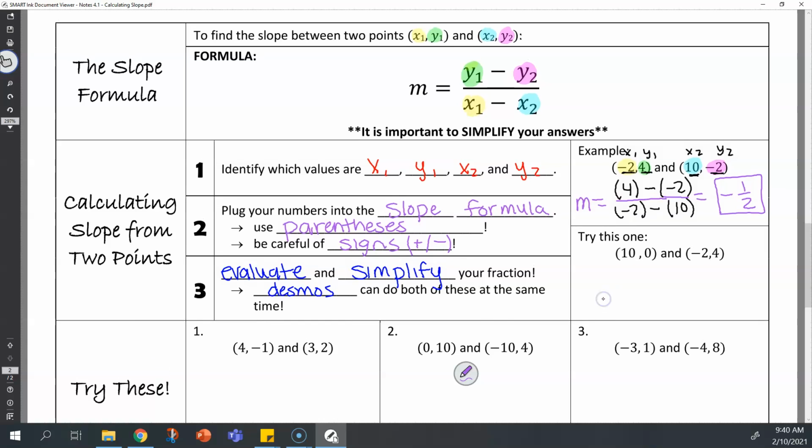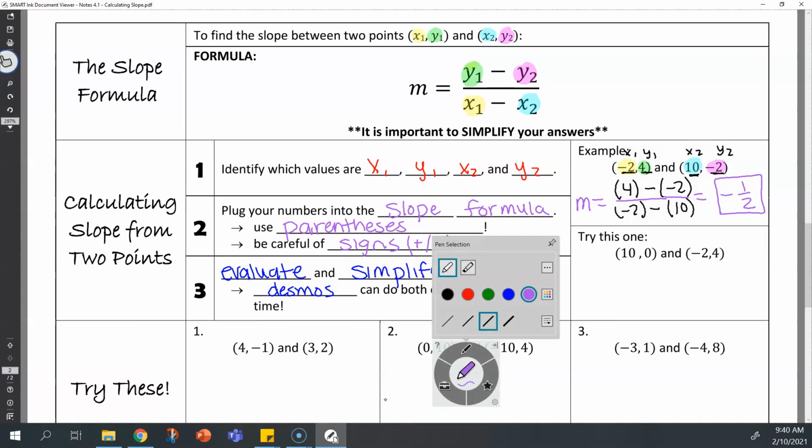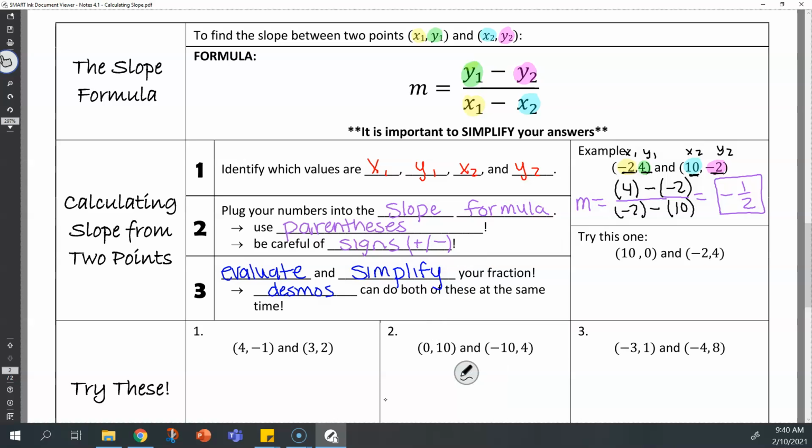Try the second one with me. Again, I'm going to start with labeling my points. So 10 is going to be x1. It's the x from my first point. 0 is going to be y1, the y from my first point. Negative 2 is x2, the x from my second point. And 4 is y2, the y from my second point. Okay.